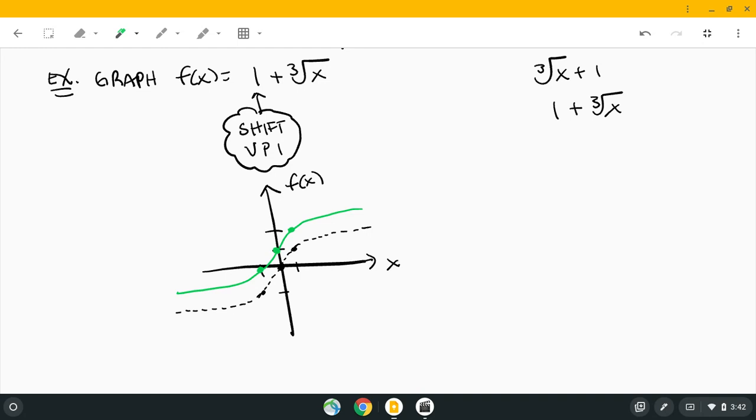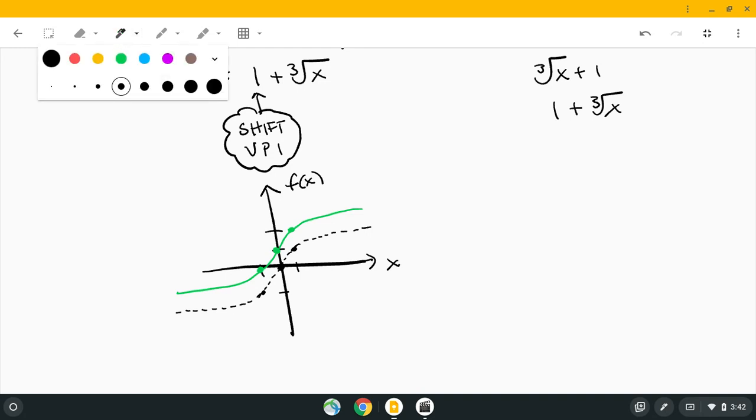You know what? Let me have you guys try one just to make sure. Go ahead and graph f of x equals 2 times the absolute value of x minus 1, plus 2.